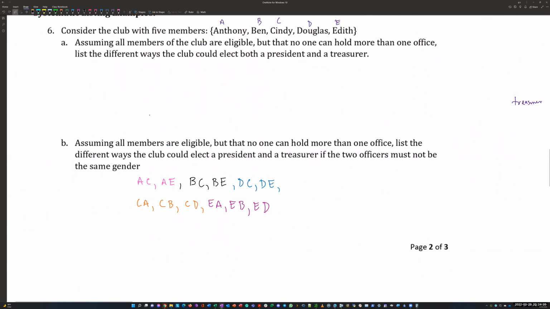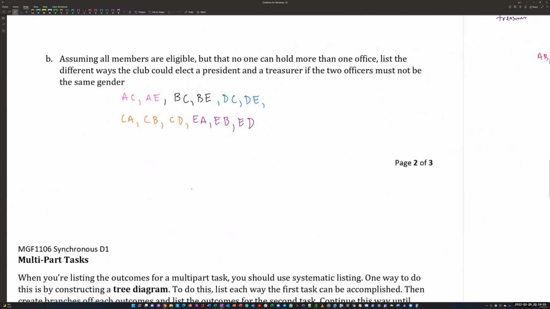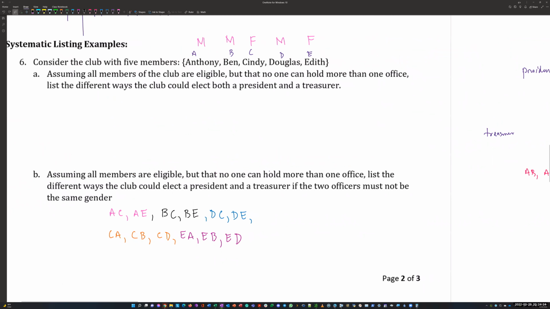Okay, so then in this case here, how could I count how many there would have to be? Well, let's go back to our beginning here. It says list the different ways that we could elect a president and a treasurer if the 2 officers must not be the same gender. All right, well, we can either go male, female, or we can go female, male. Is that right? Correct. The males, there's 3 males.